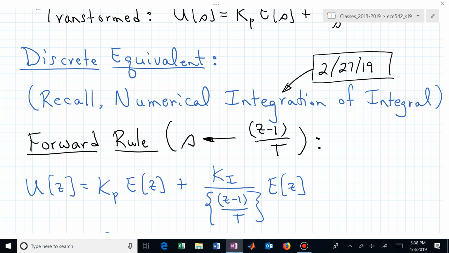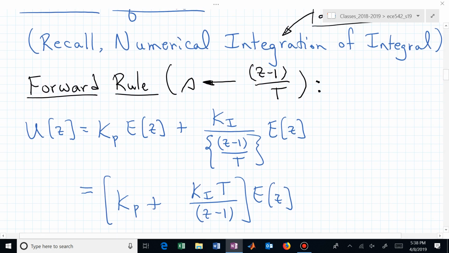We can get that T that's in the denominator of the denominator upstairs, and collecting the common terms that scale E, we're starting to get close to a transfer function between the error signal E and the input U to the plant, for a discrete time or a discrete version of this PI controller. We'll get even closer if we put both of those terms over a common denominator, which is z minus 1.